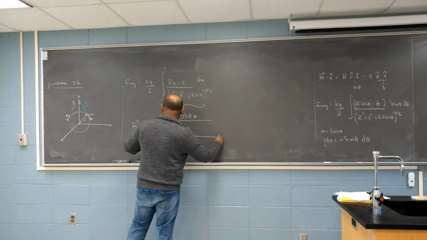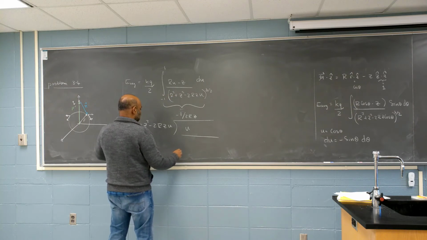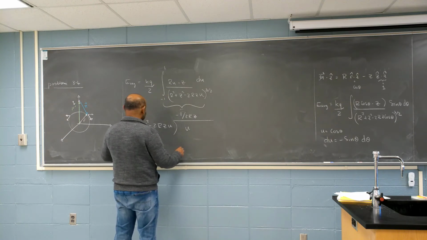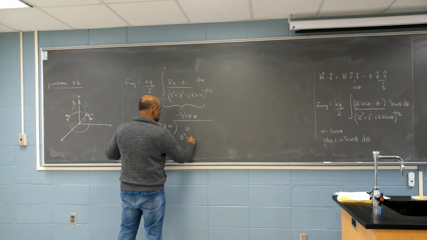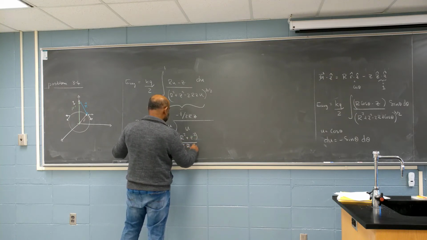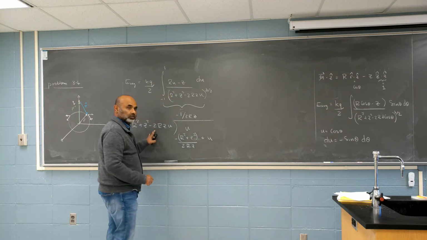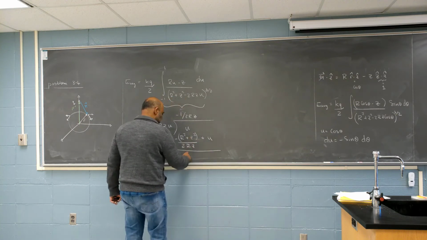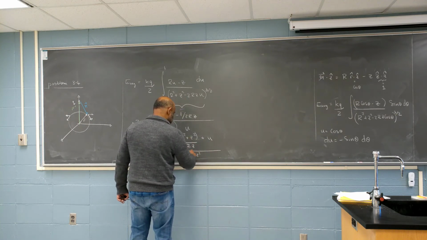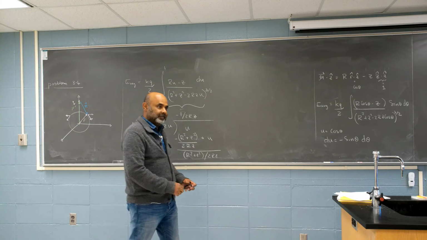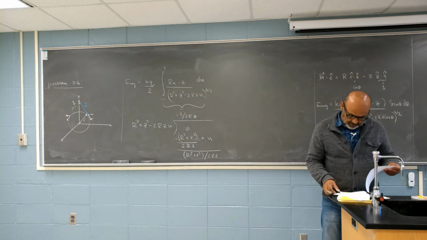When I do that, I get, what do I get? r squared plus z squared over 2rz plus u. And then when I subtract, I get a remainder of r squared plus z squared over 2rz. If you don't catch my mistake, you're on your own, okay?